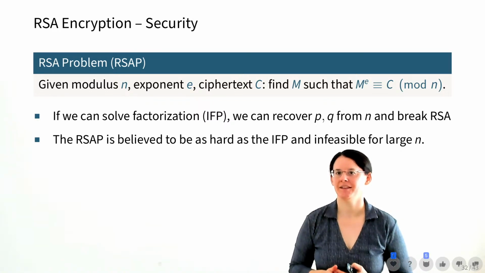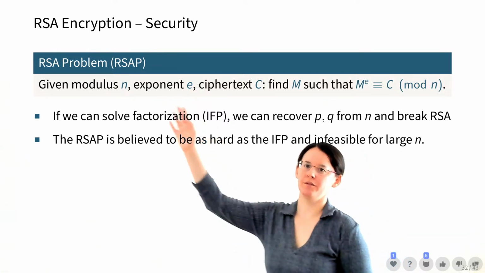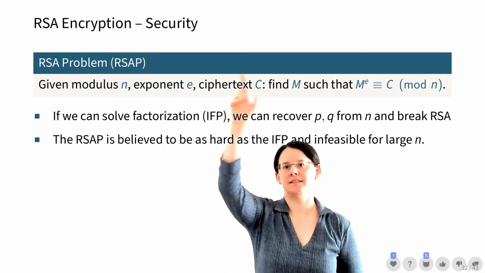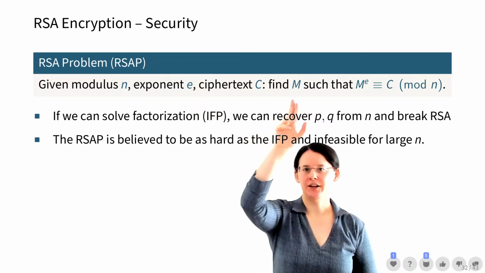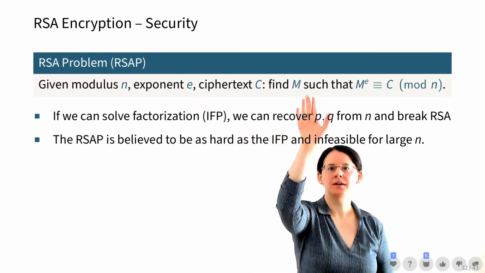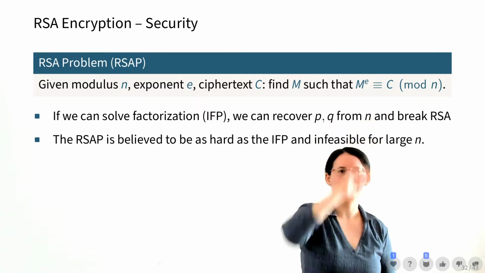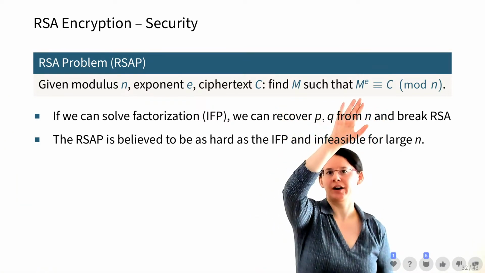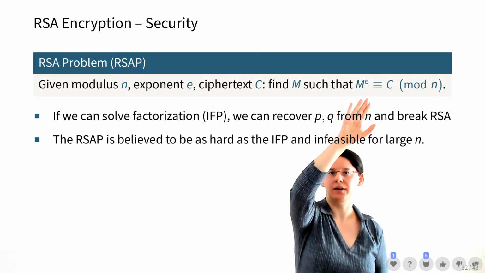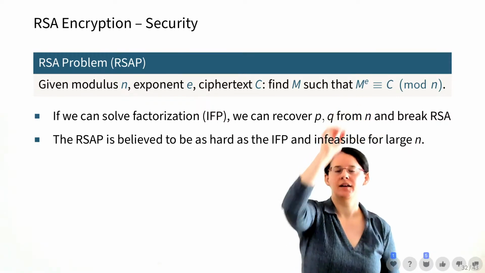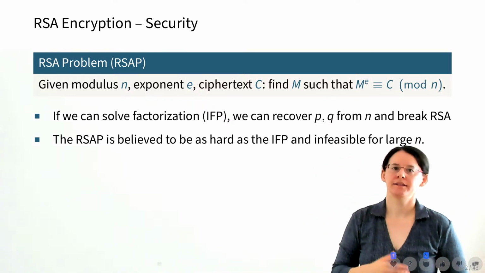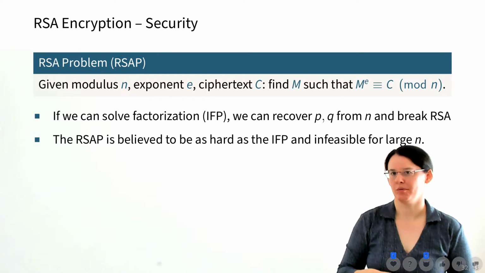So the RSA problem is: you're given the public modulus N, the public exponent E, and some ciphertext, and your challenge is to find a message M such that M is encrypted to this ciphertext. If you guess a particular M, you can verify whether it's correct because you can publicly evaluate the encryption and compare. And let's see how hard this problem is.